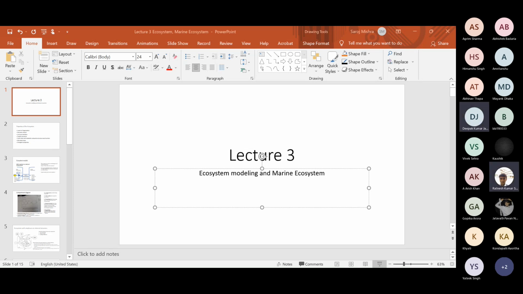The slides are frozen and the slide number is not moving. Means we are still on slide one. Okay, let's wait for a second. Maybe the net is slow today. So can you see this ecosystem model slide? No, not as yet.